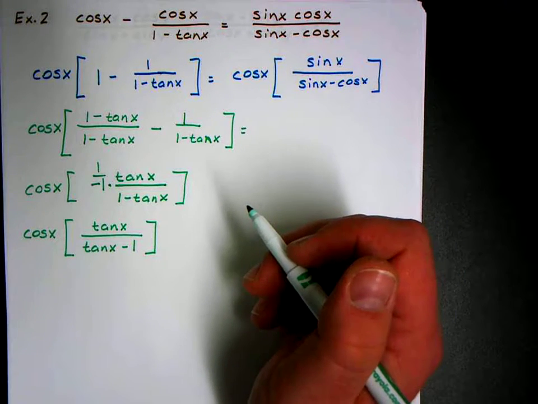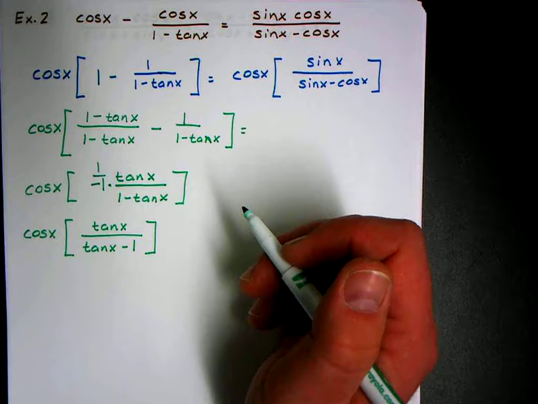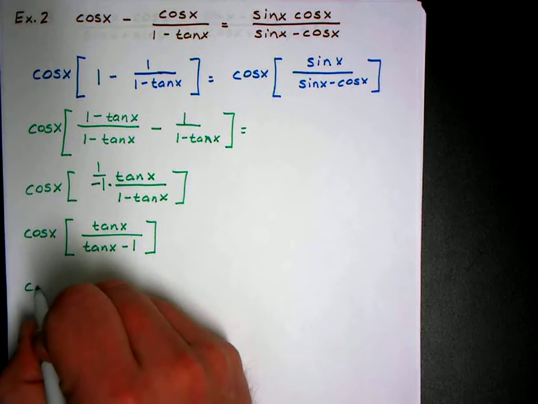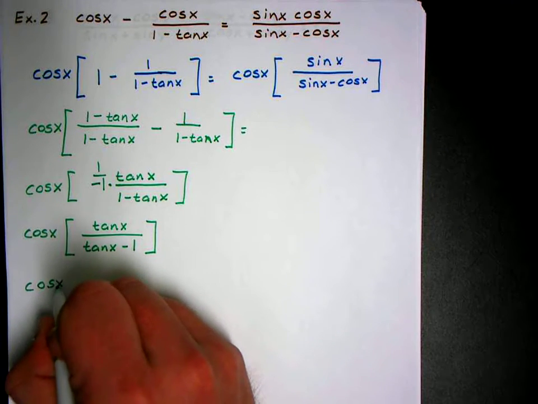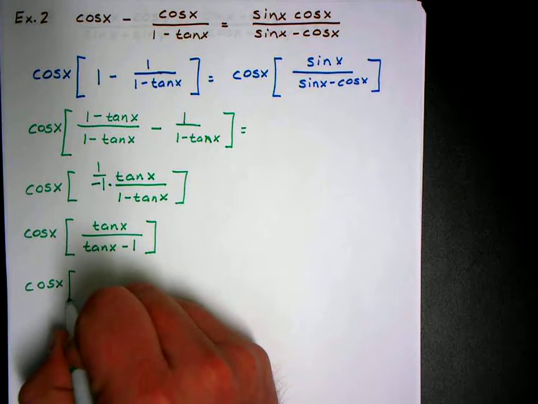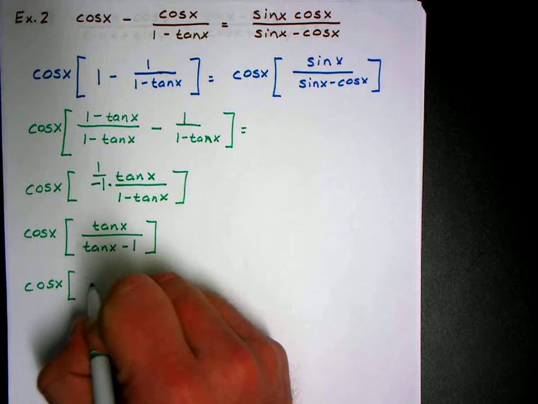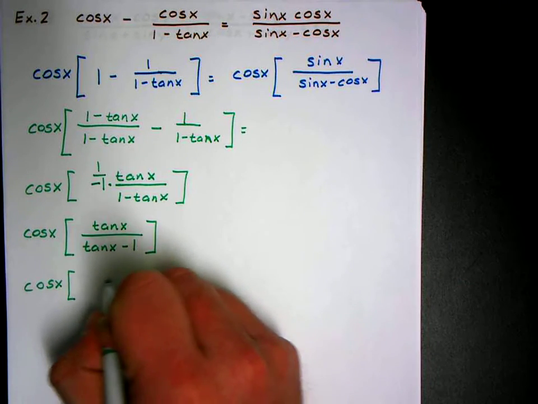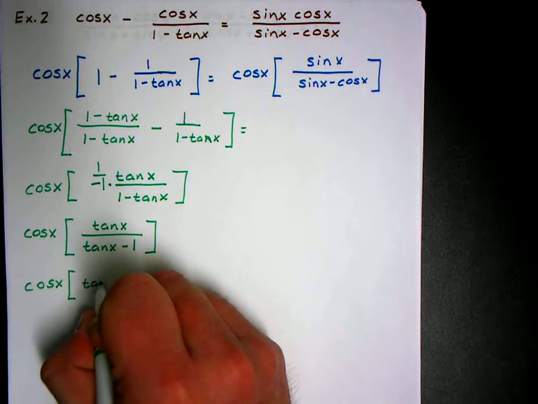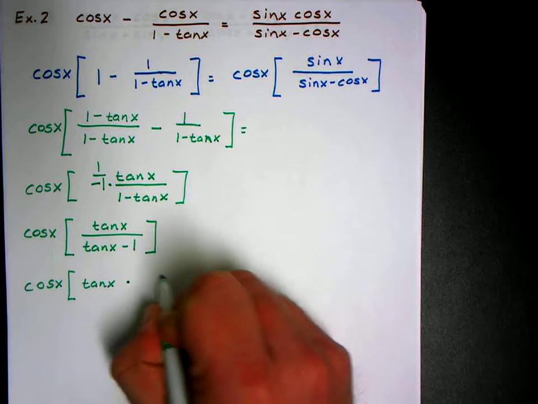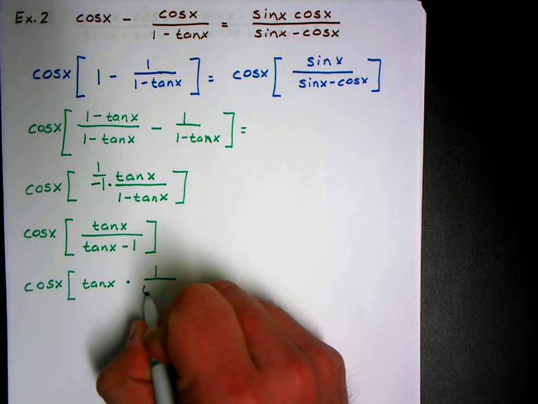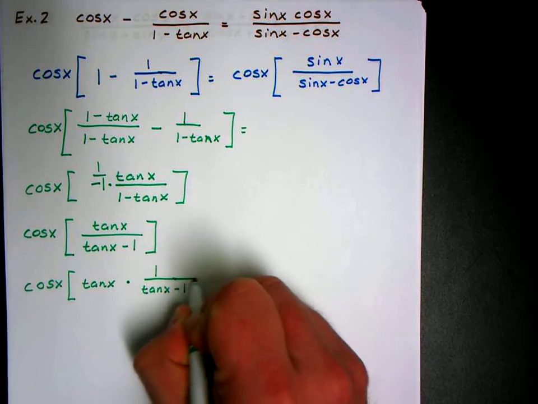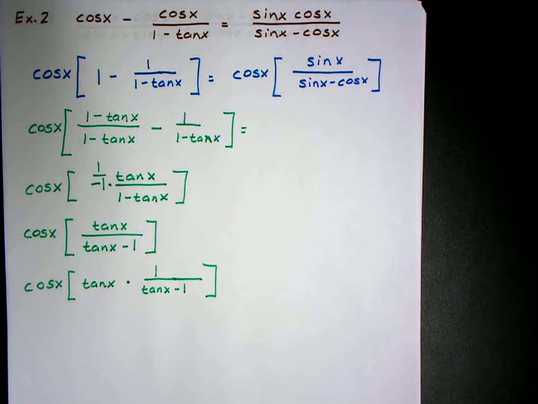Okay, so if we're stuck, what's one thing that we can always try doing? Sines and cosines. Now, before I do that, I'm going to do this because I'm going to be making a whole bunch of fractions, right? So I'm going to do this.